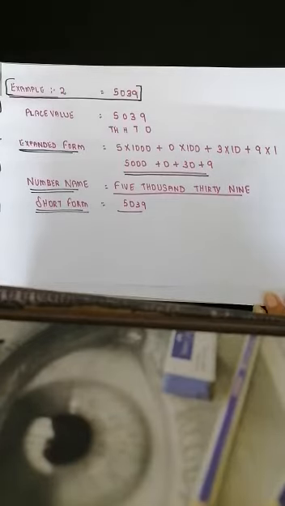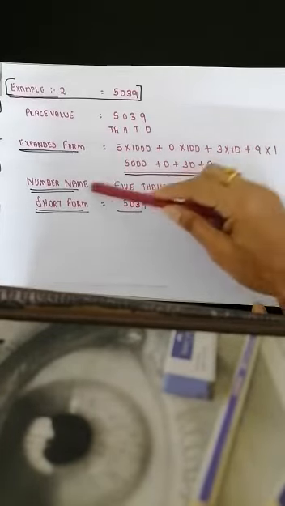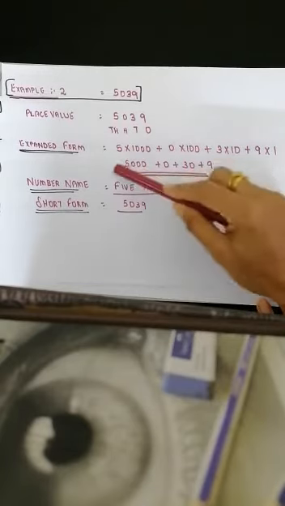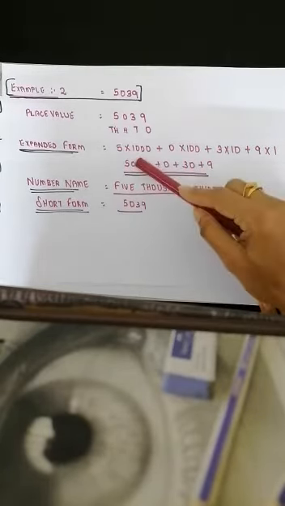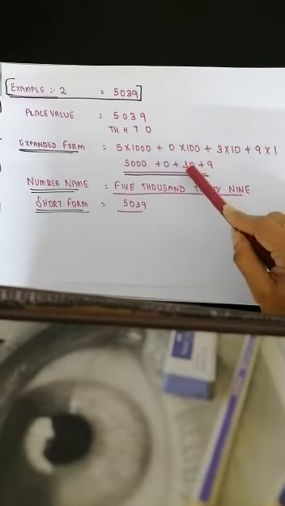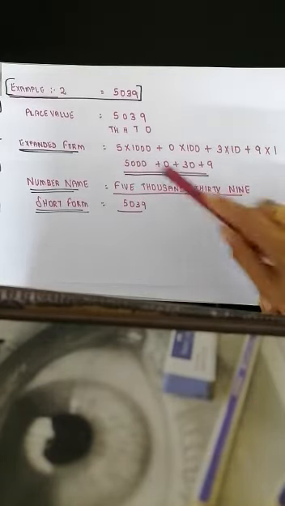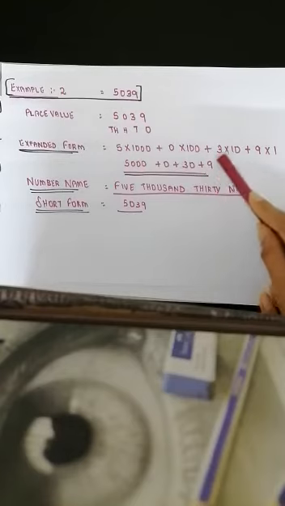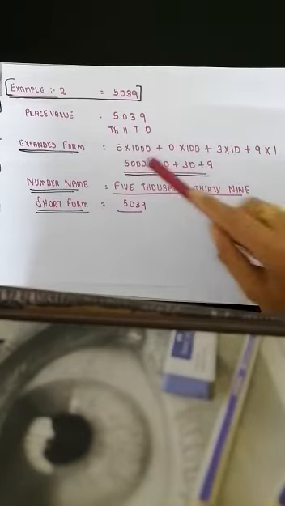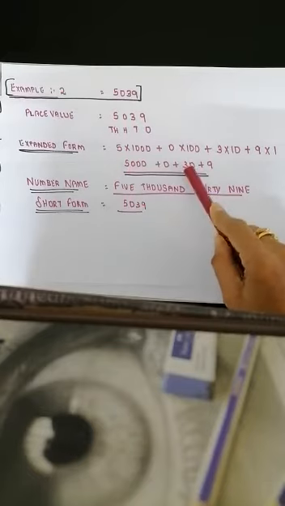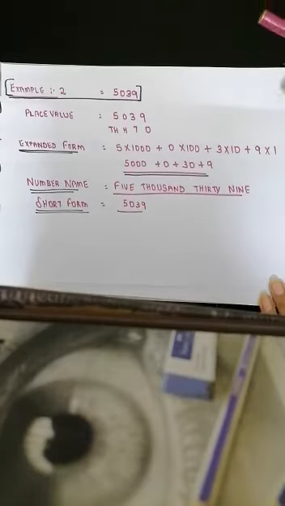Just read out the number from the same expanded form. Just read the number name from the expanded form, which makes it very simple. 5,039. 0 doesn't have any value. So just mention 5039.